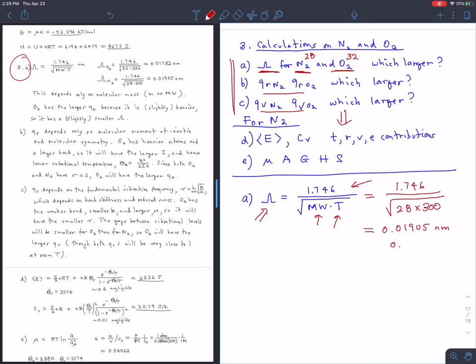So that's about 0.2 angstroms. It's pretty short. It's much smaller than even a single atom.